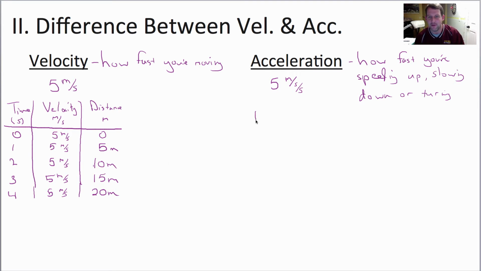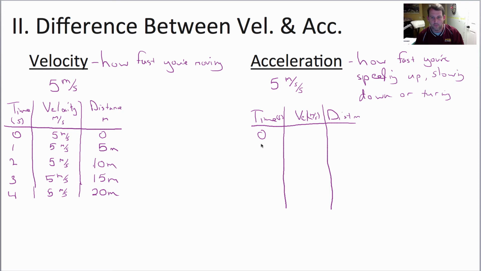Now let's look at this one over here and say we have the same chart: time, velocity, distance, seconds, meters per second, and meters. And we'll look at the same 4-second time frame. So 0, 1, 2, 3, 4 seconds. Our velocity here starts off at 0 as well as our distance. We haven't gone anywhere yet.